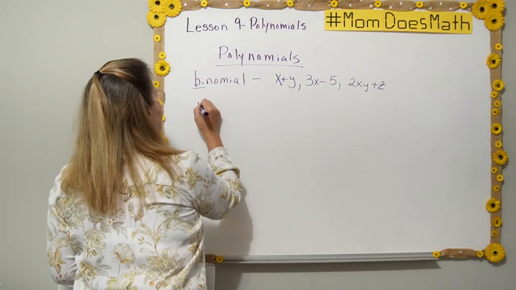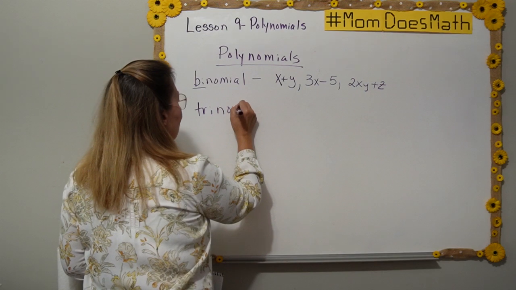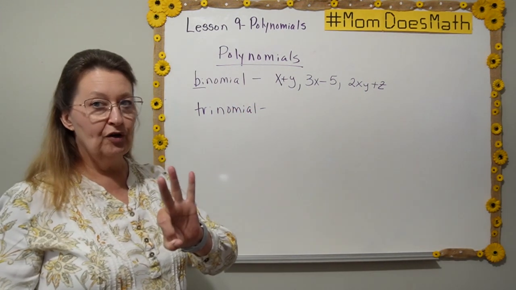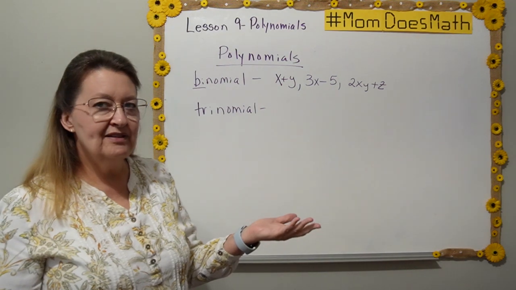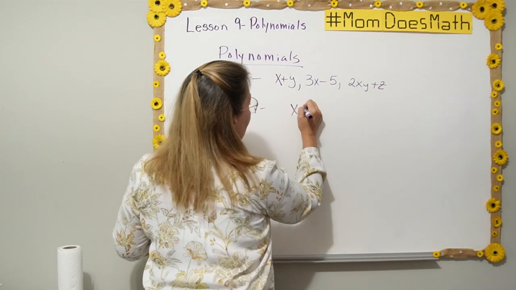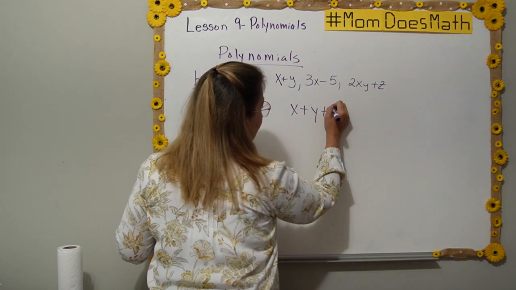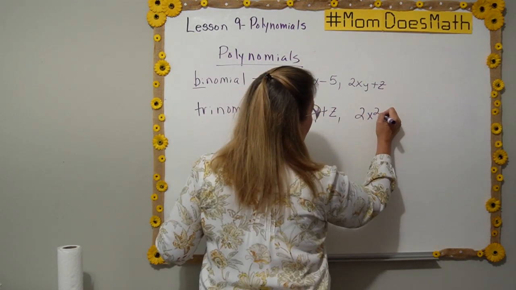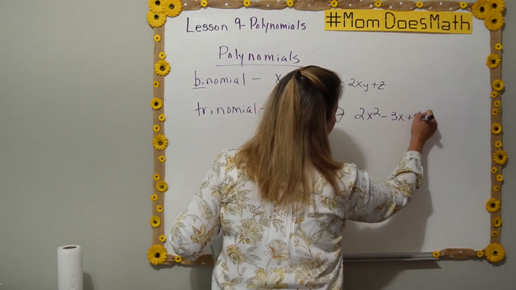Okay? There is something else called a trinomial. Well, what do you think? It's going to have 3 terms. So how many plus and minus signs do you expect it to have? 2. There's going to be 1 in between. So you could have x plus y plus z. This is a trinomial. 2x squared minus 3x plus 4.